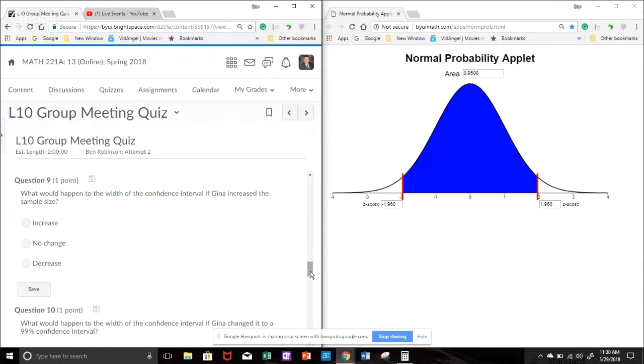What would happen to the width of the confidence interval if Gina increased the sample size? Okay, let me analyze it. The width will increase, but I'm not sure about it. I think it would decrease, because you're dividing by n.